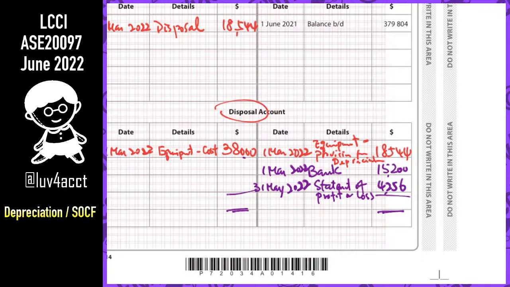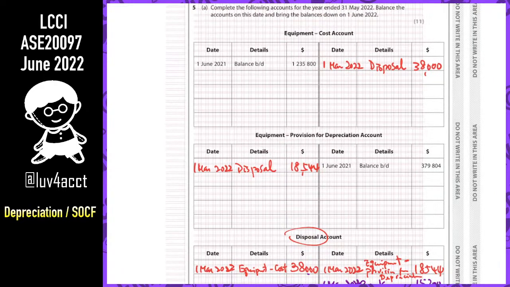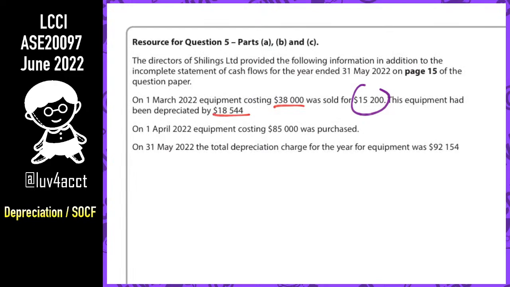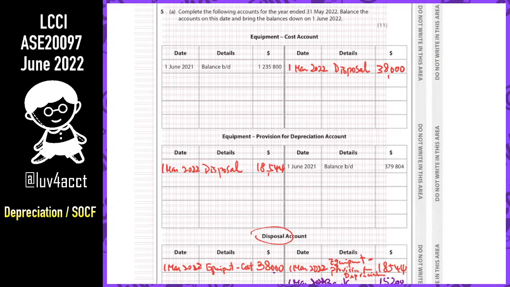Finish. So what's next? You are given directly the amount of depreciation for the year being 92,154. Provision for depreciation is a contra asset account, so addition is on the credit side.